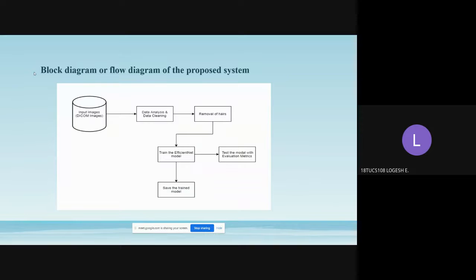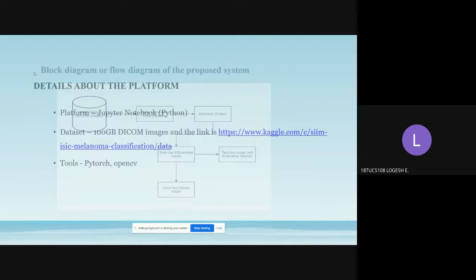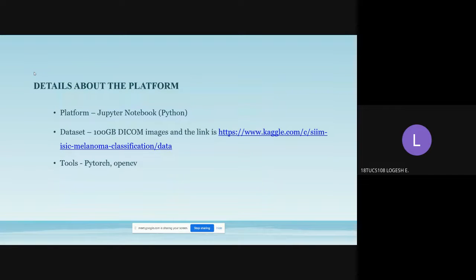Then we remove the hair from the image, so we can get a clear image of the mole or the scan cells. Then we feed it into our EfficientNet architecture. We train our model and save it, and then test the model with evaluation metrics. We are using the Jupyter Notebook platform for this project.